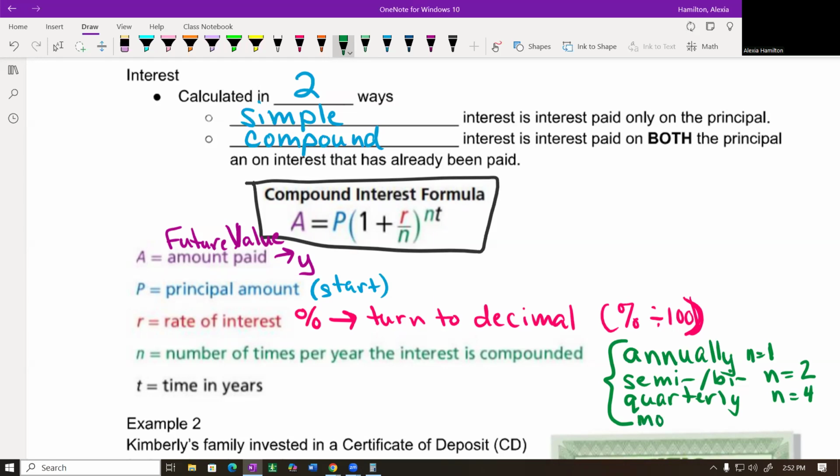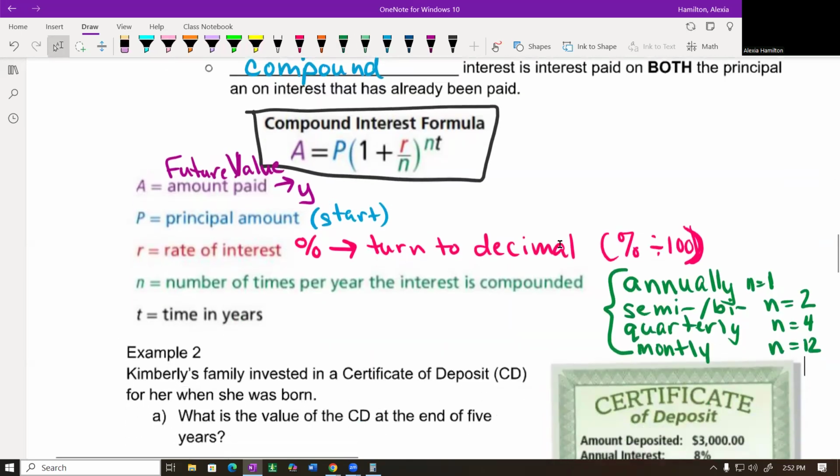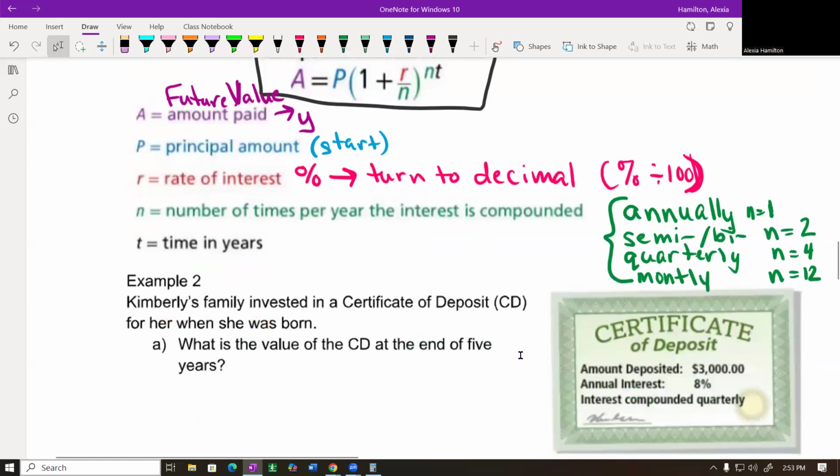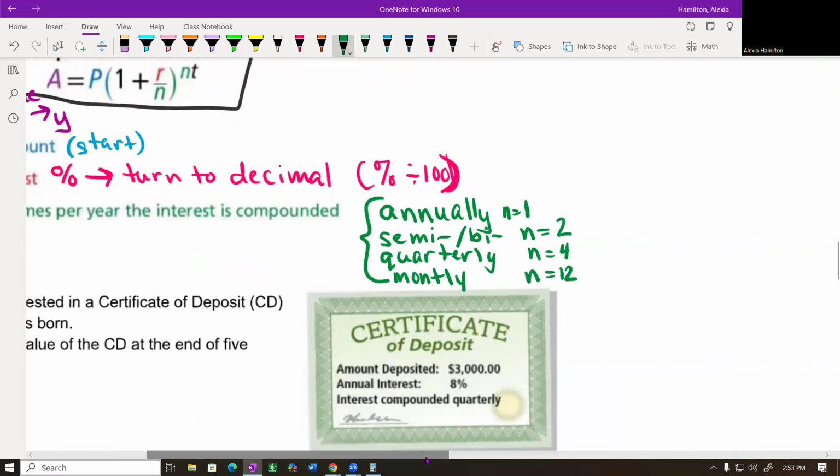We talk about monthly as well. So how many months are there in a year? There are 12. And then the last one, even though I don't think we use it, I didn't see any questions in the homework problems, but I'm going to add it in the notes anyways. You could also get your interest compounded daily.